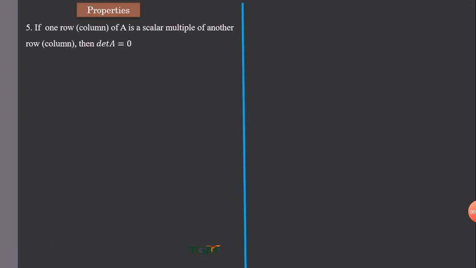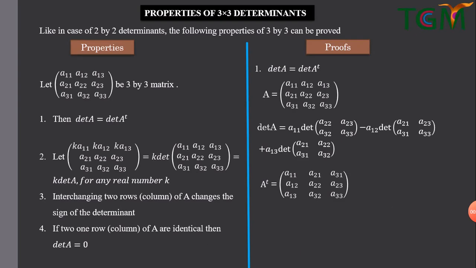If one row or column of A is a scalar multiple of another row, then the determinant of A is equal to 0. These are the properties. We have 5 properties. Changing 2 rows or columns of A changes the sign of the determinant.